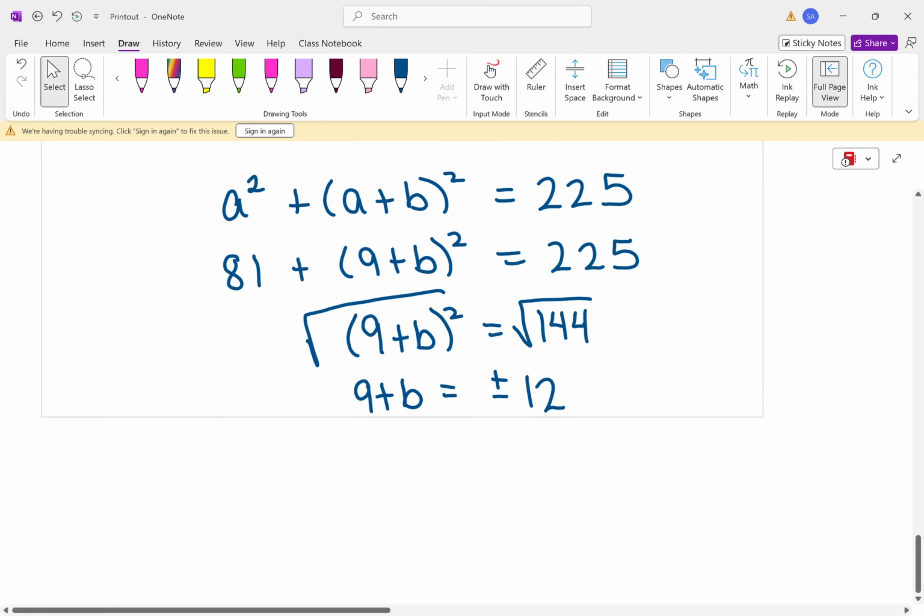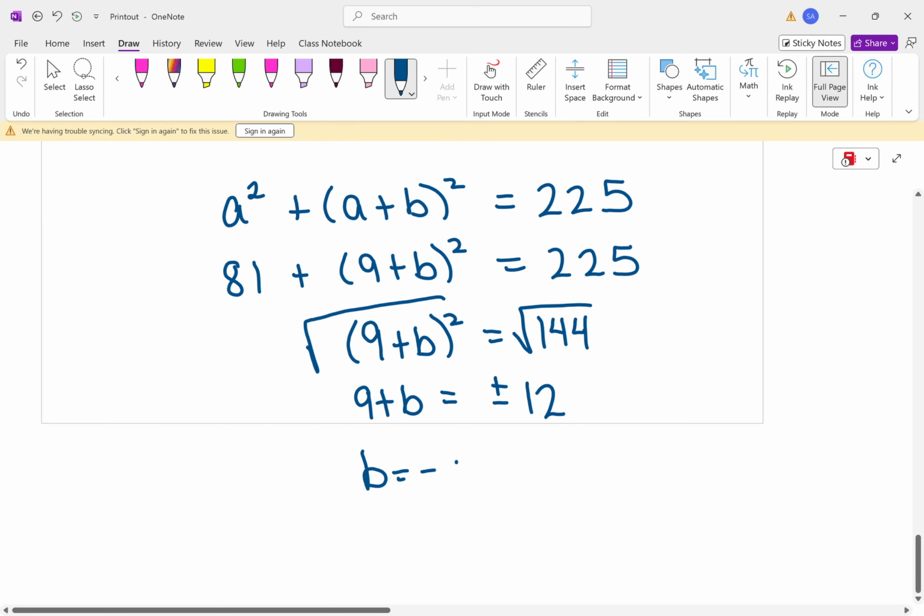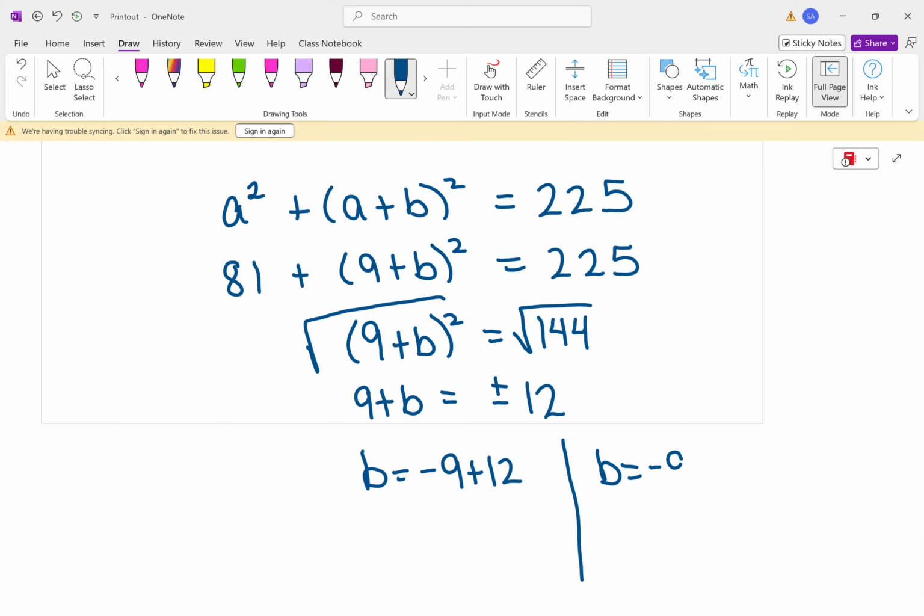Square root both sides. What do I get when I square root both sides? Good, plus or minus 12. So then for B, I get negative 9 plus 12 or negative 9 minus 12, either equal to 3 or negative 21.